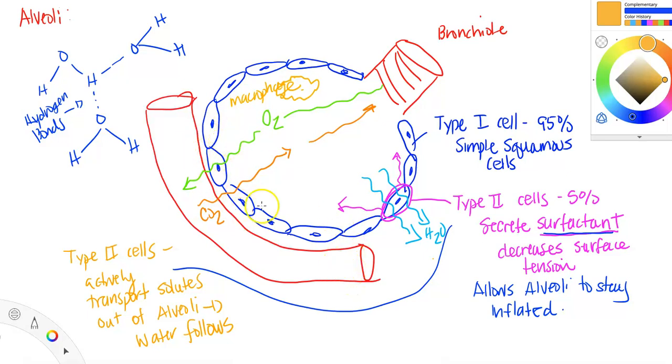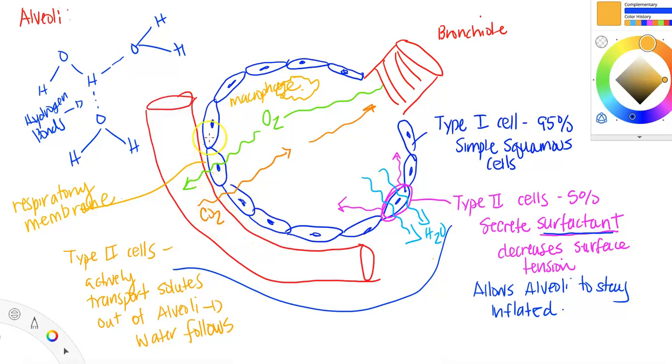Okay, this area here is called the respiratory membrane. And this membrane is where, as you can see, gas exchange occurs.